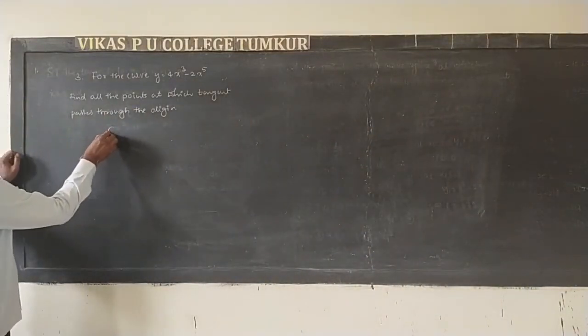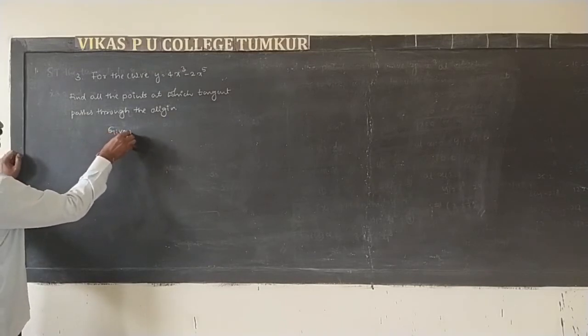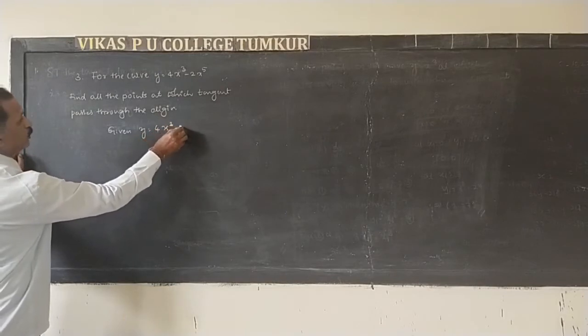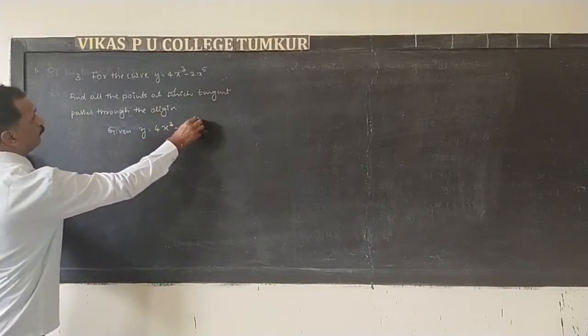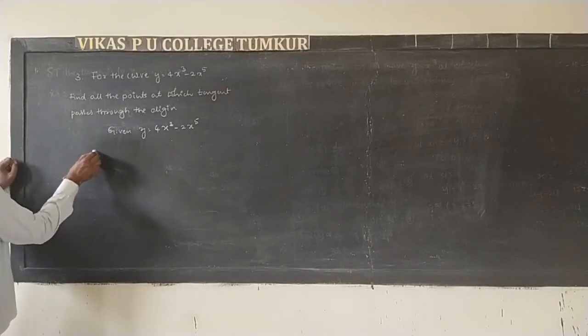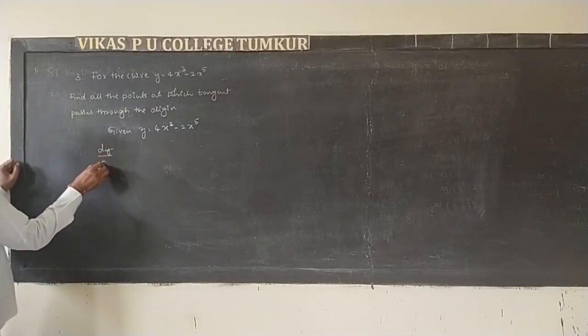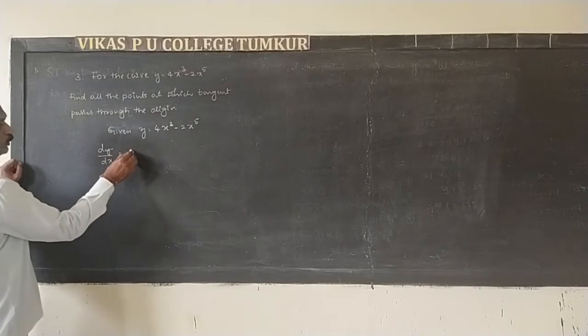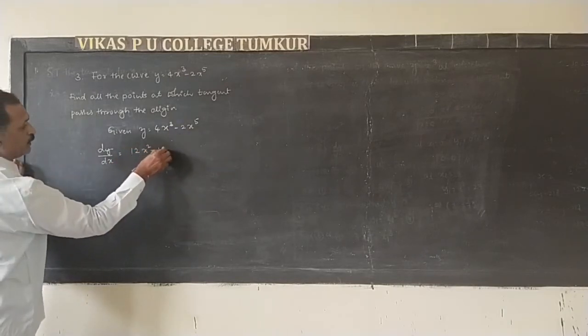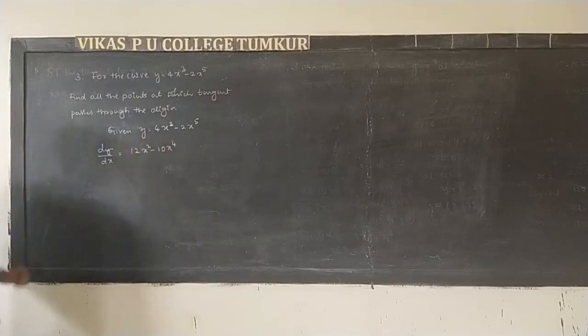Given curve, the equation is y is equal to 4x cube minus 2x to the power of 5. Differentiate this equation now. Therefore, the value of dy by dx should be equal to 12x square minus 2 into 5, which is 10x to the power of 4.